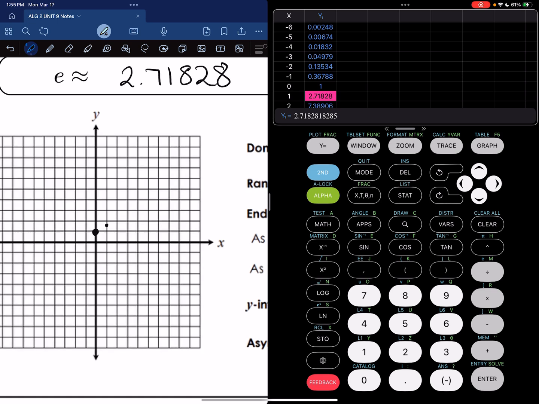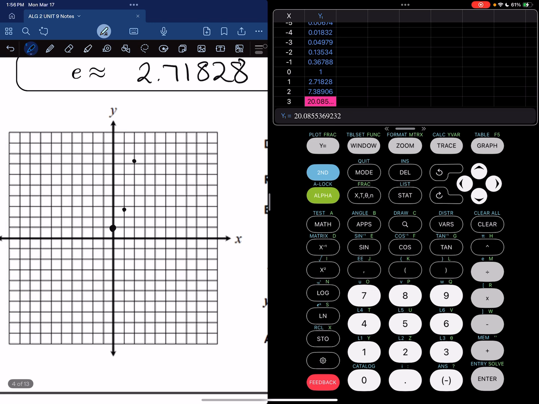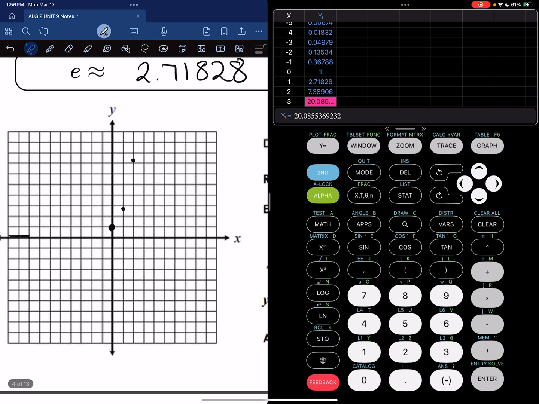And then at 2, it's at a little above 7. And then at 3, it goes off the charts. So this graph is very flat lined up until its y-intercept. Then it grows very quickly, just like that.